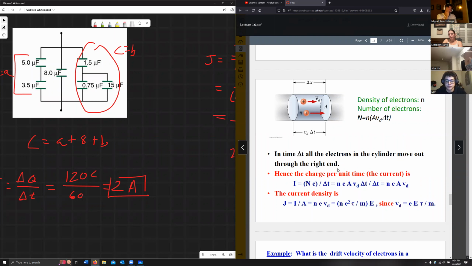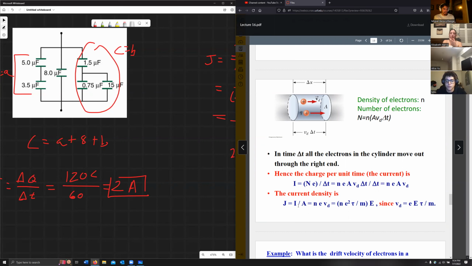And so current density is, I feel like we're just restating what we just went over. But it looks like we're decomposing it more, because here we put in the formula for the N, and here you have the charge of the electron. So little n is the density, the number of electrons.